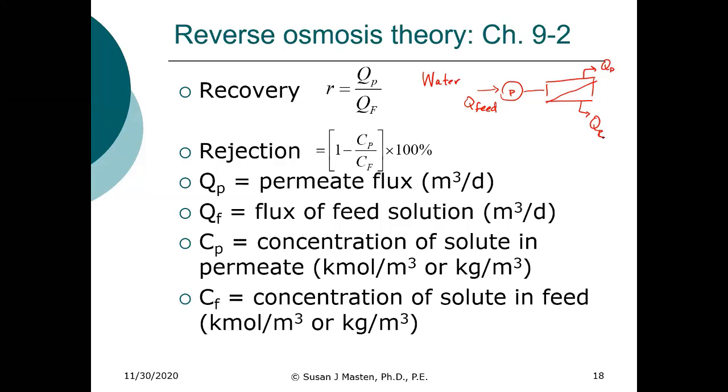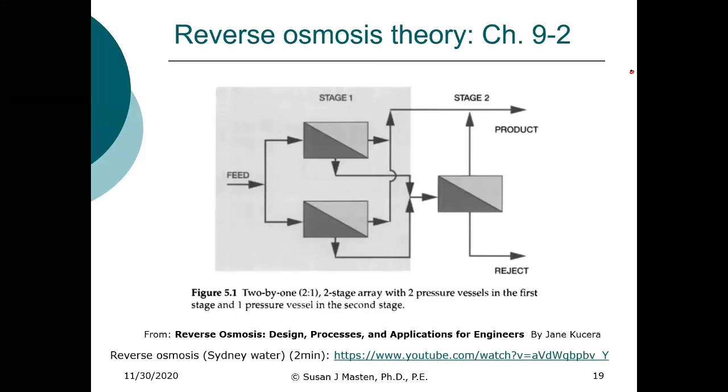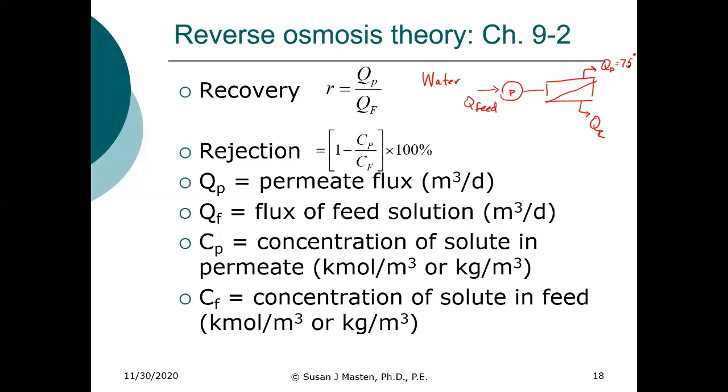So in this case, let's say we produce 75%. So that means 75% of the feed is product water or permeate. 25% of that flow is reject stream. And this we have to dispose of.